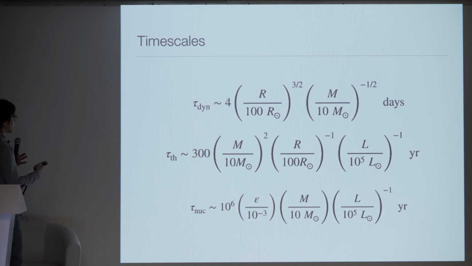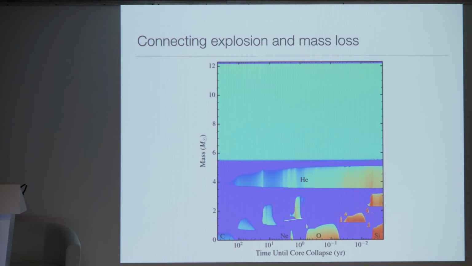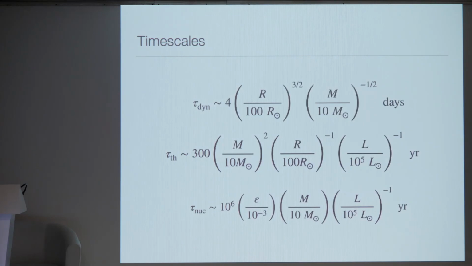So you cannot make this connection in a thermal time scale. Something thermal is happening here, but some more dynamic processes need to happen to make this connection between the center of the collapse of the star and the surface mass loss.